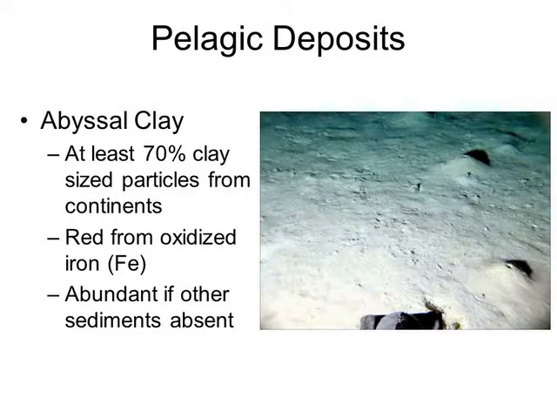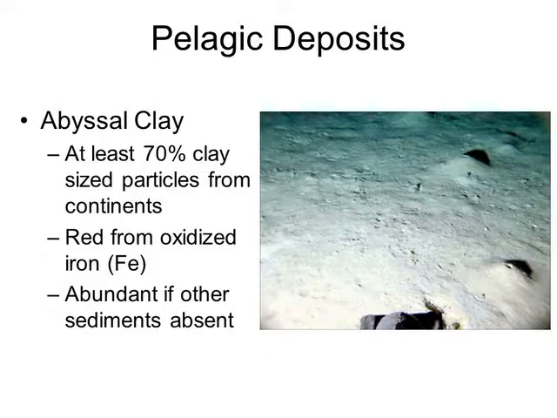So these pelagic deposits, you can see an image there from a submersible. They are known as abyssal clays because they are super fine grained. They tend to be very silty, very small in size, and typically 70% of the particles in this abyssal clay is from land.